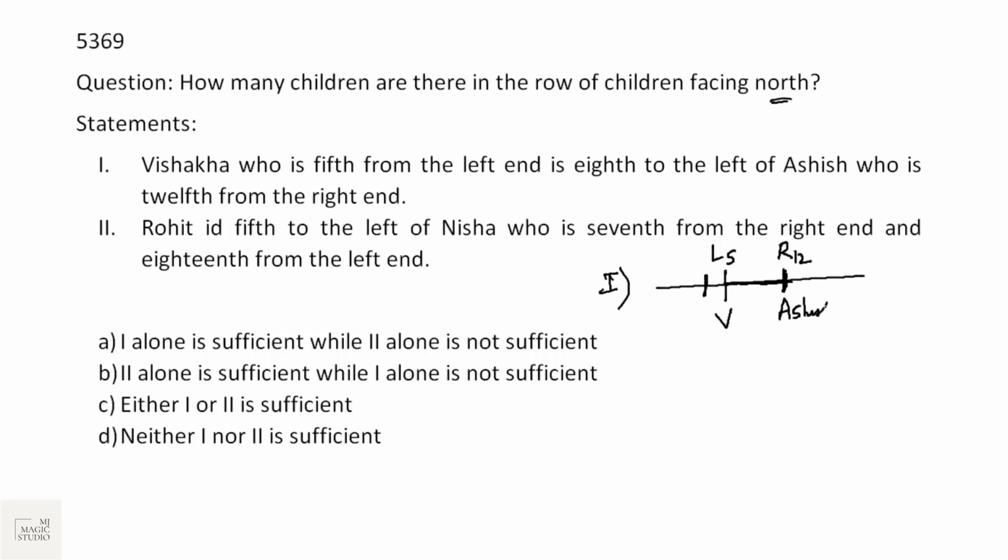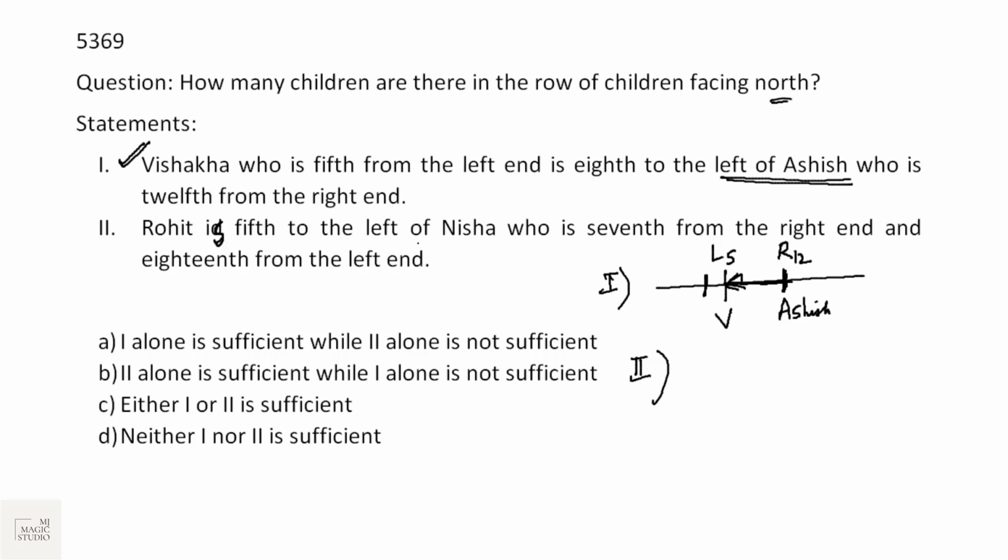R12, this is Ashish. Vishaka, who is 5th from the left, is 8th to the left of Ashish, who is 12th from the right end. We can find the number of people sitting in this row because it is given that Vishaka is to the left of Ashish. Statement 1 alone is sufficient. Let's see statement 2.